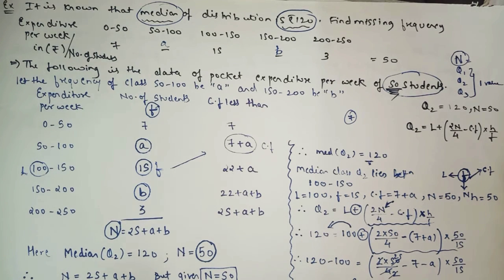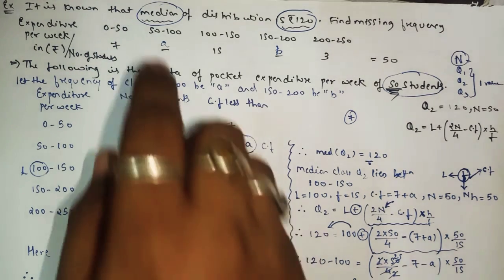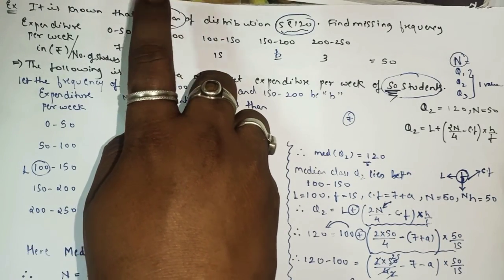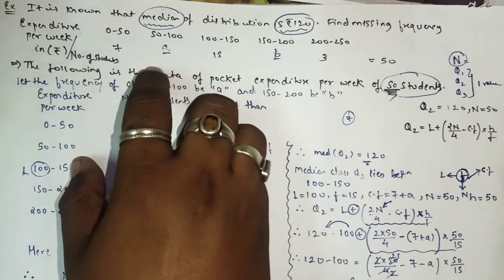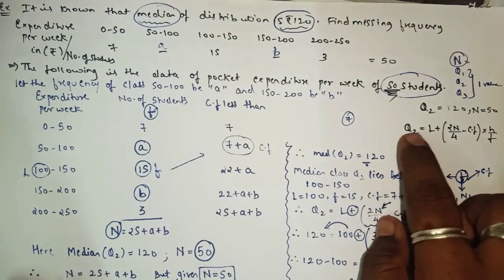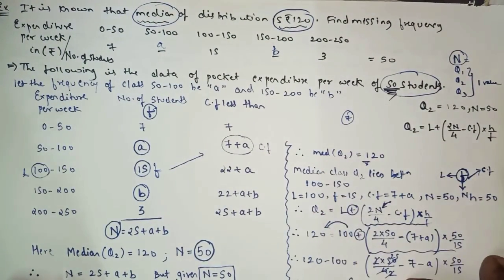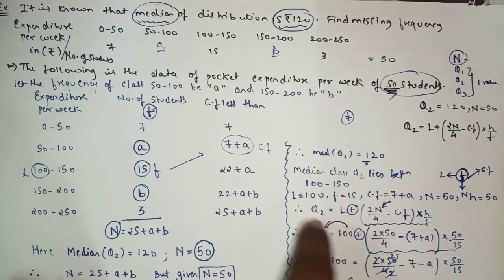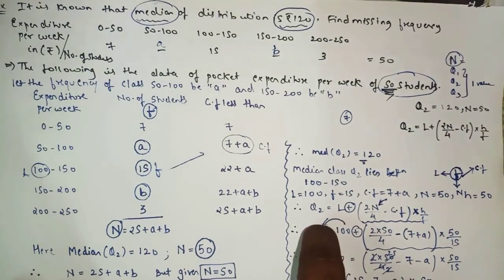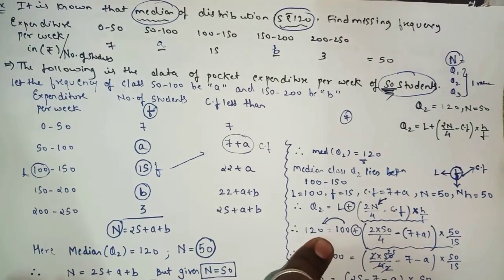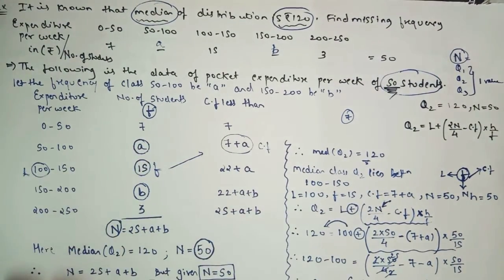So see to it that sometimes in the exam, in place of the median, they will say that Q1 is given, or sometimes Q3 is given. If Q1 is given, you will apply the Q1 formula and with respect to it find the missing frequency. Suppose Q3 is given, you will apply the Q3 formula and find your missing frequency.